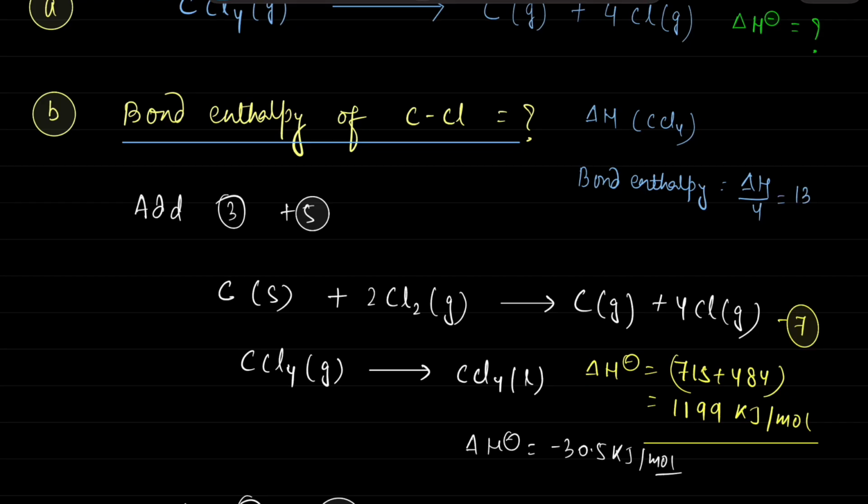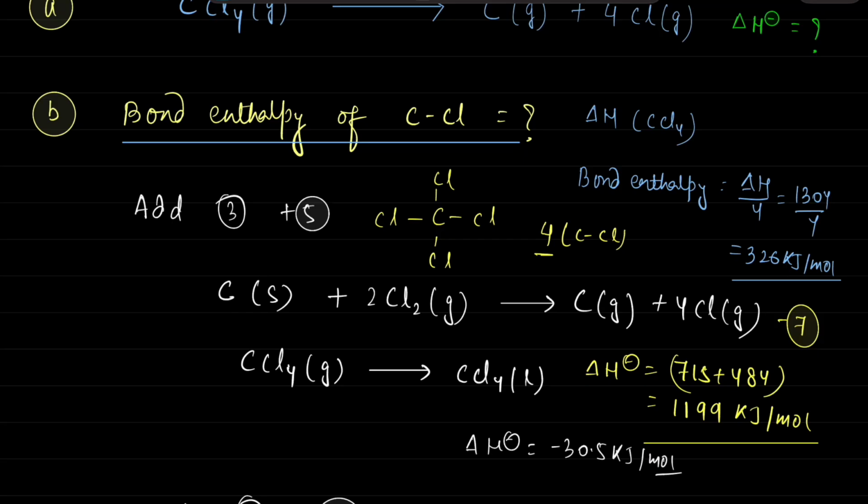So 1304 divided by 4 is equal to 326 kilojoule per mole. Why do we need to divide by 4? Because if we draw the structure of CCl4, it is formed by the combination of 4 bonds of carbon and chlorine. So if we have 4 carbon-chlorine bonds, and we have to find the bond enthalpy of one carbon-chlorine bond, we have to divide by 4. So this is the answer to this question.